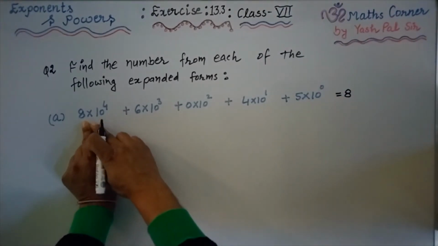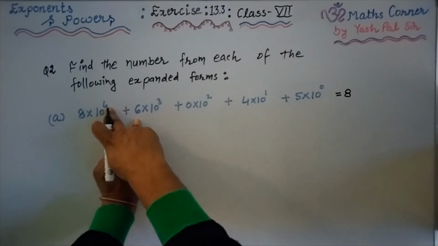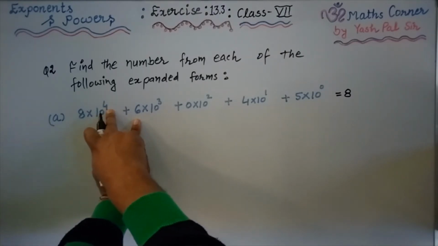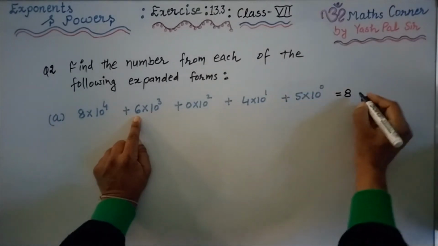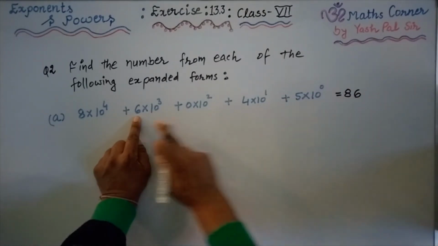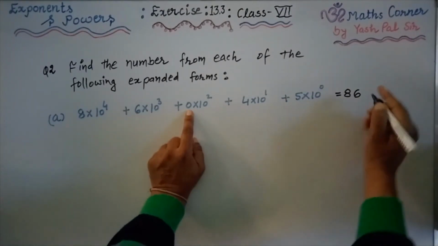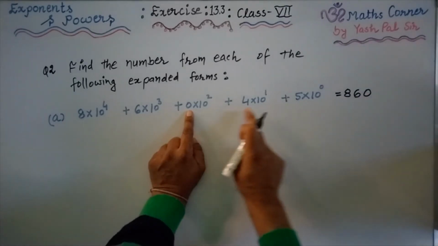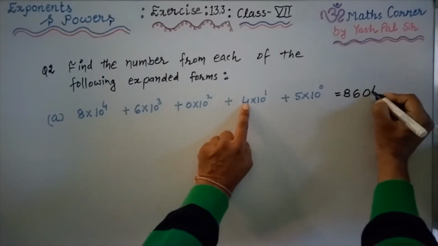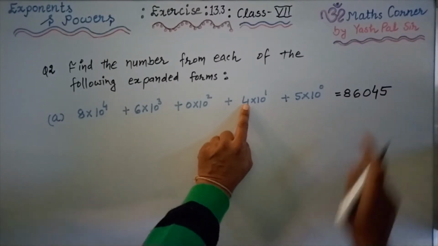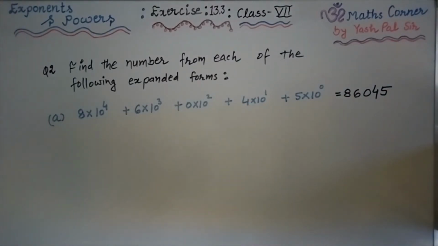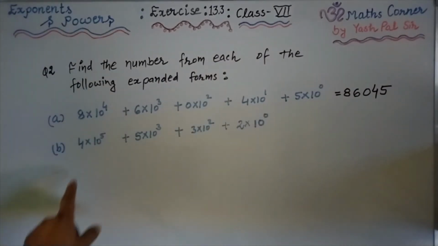We write the number as 8. Thereafter the power goes on decreasing 4, 3, 2, 1, 0. After 8 we have 6. Thereafter we have 0. Next we have 4. Next we have 5. So this is the required number.